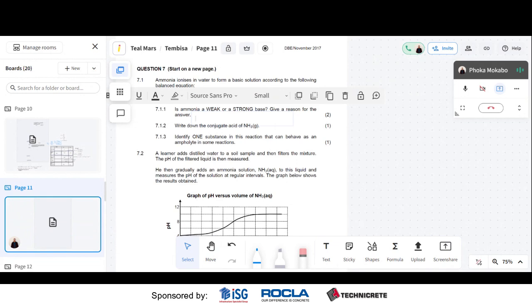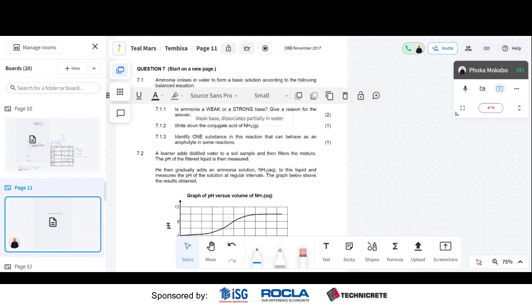And ammonia is most definitely a weak base. The reason is always the same. It is a weak base because it dissociates only partially in water. And had this been an acid, we would have said ionizes partially in water.